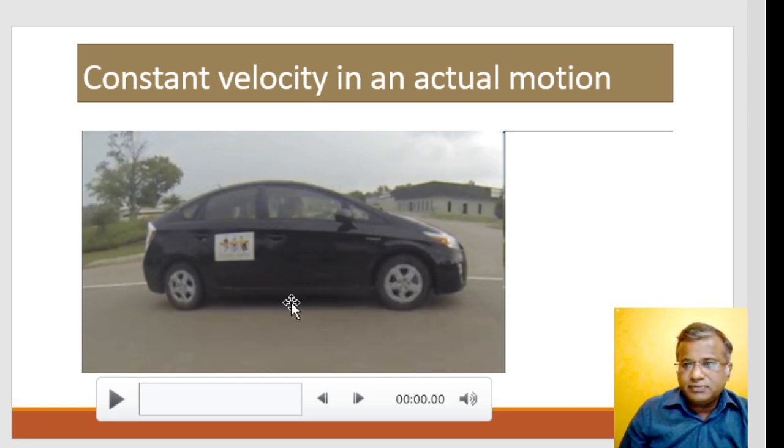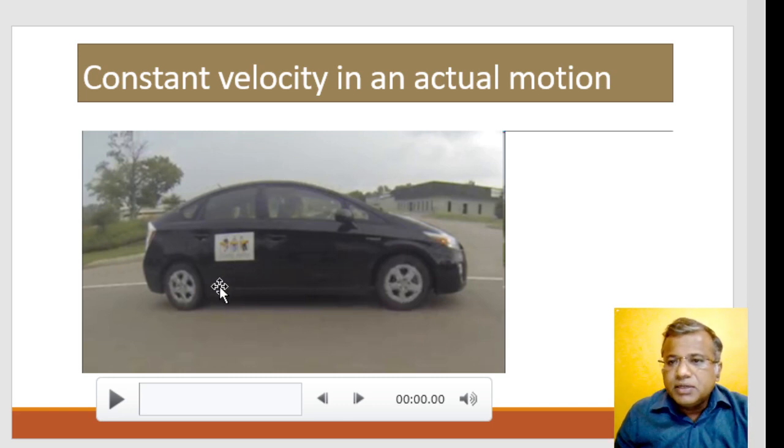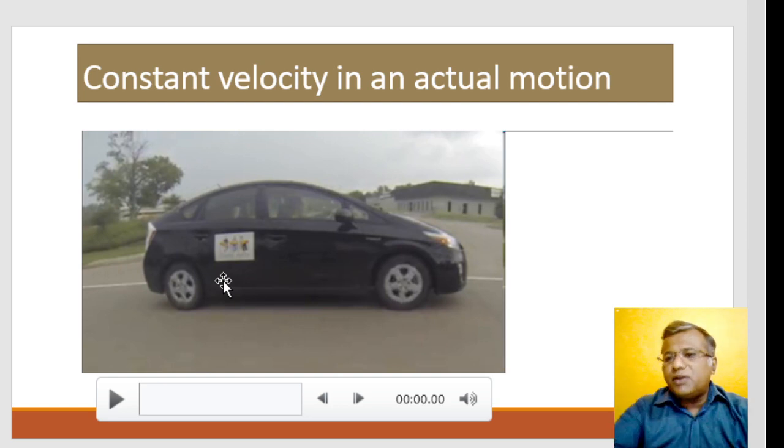Downward. The surface will give an upward force to it, which we call the normal reaction, the reaction which we get from the ground. That will be equal to the weight, right? So that is the force which is coming upwards. But you can see that the car, even though it is going with constant velocity, has its engine on.